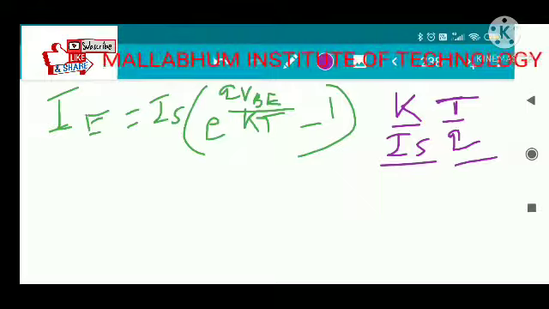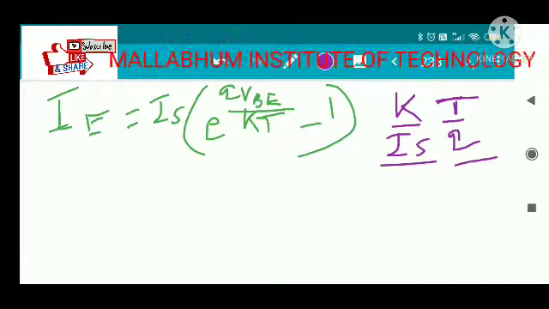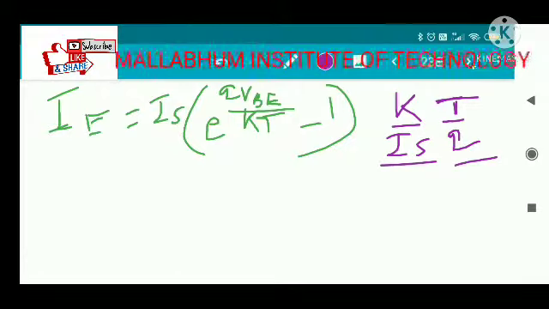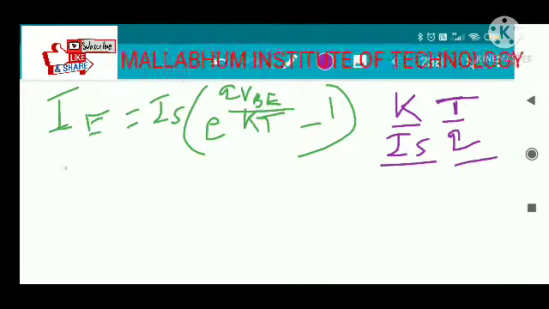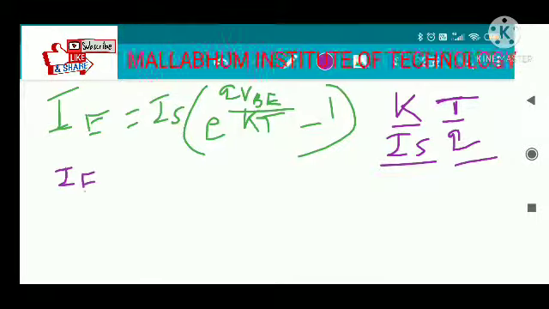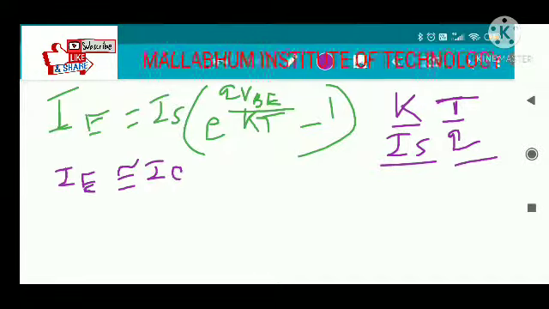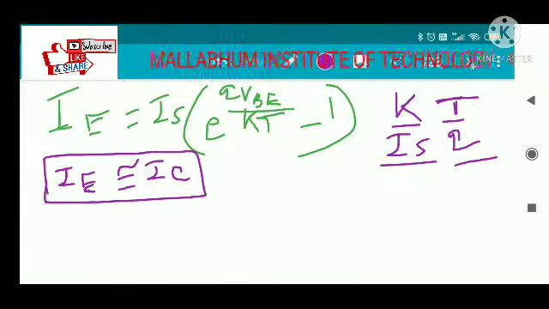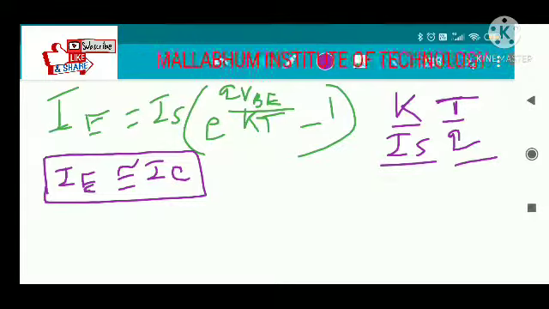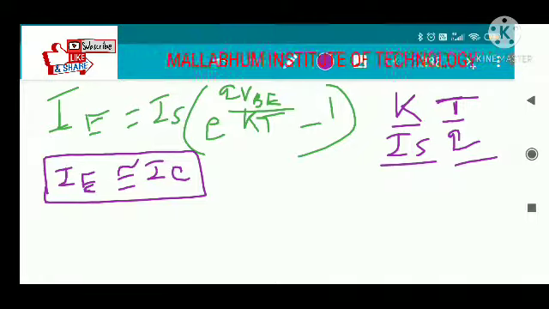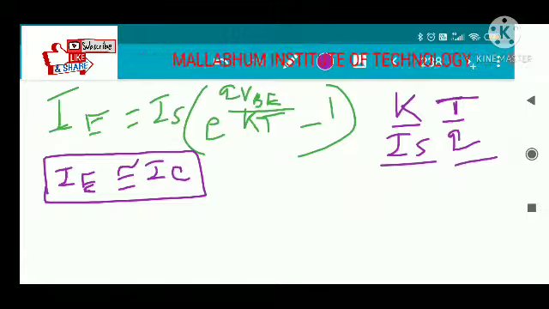Now as the base of the transistor is grounded, we can assume that the base current is a very minimal amount of current, so that I is nearly equal to IC.